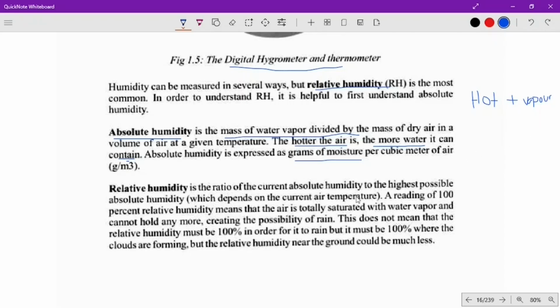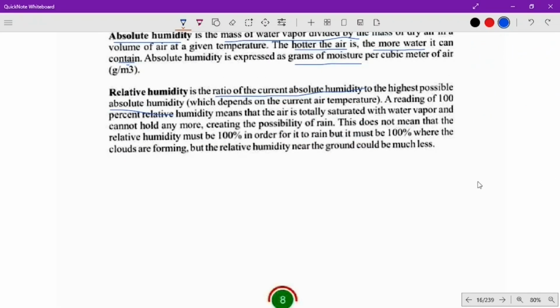Now let us look at relative humidity. Relative humidity is the ratio of the current absolute humidity to the highest possible absolute humidity. So, here we have the current, what is currently in the air, versus the maximum possible.